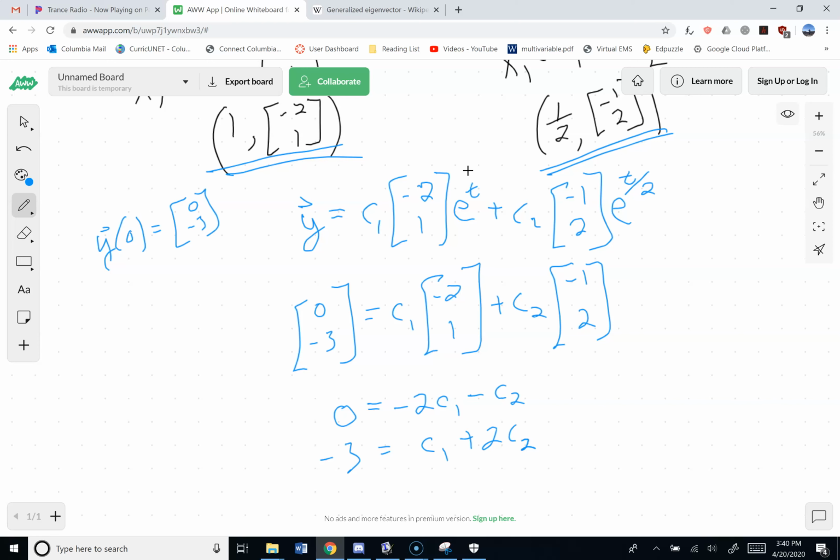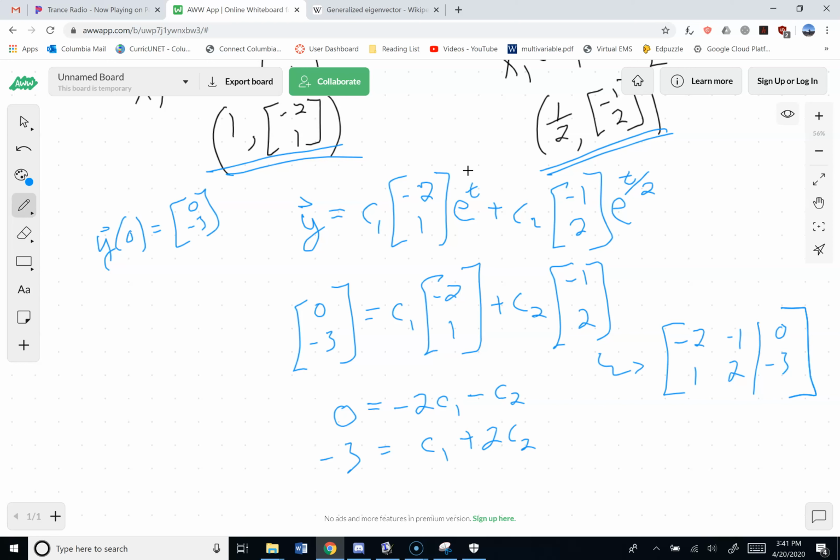What else could I have done? Put it in a matrix and row reduce it. Yeah, I could have just written this as the matrix (-2, 1; -1, 2) augmented by (0, -3). And then since I have my brain in matrix mode, I could just ref that thing.